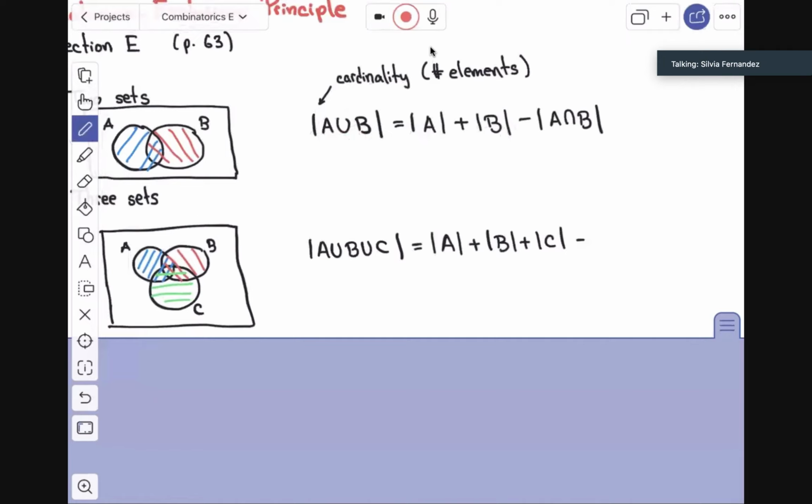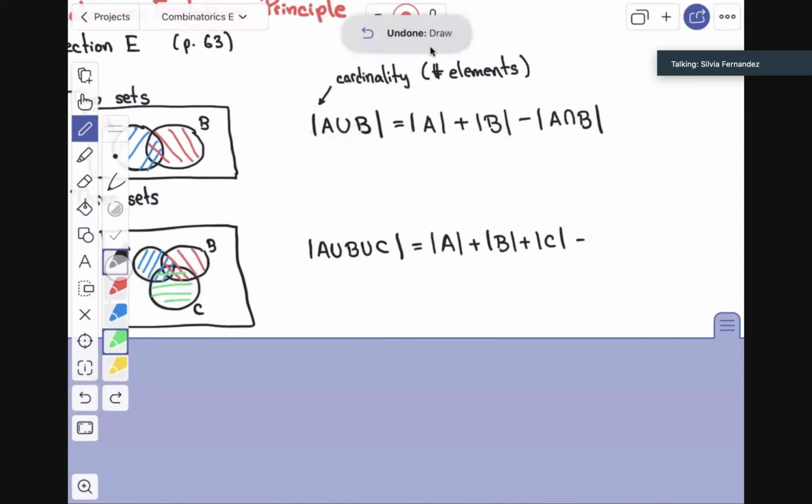Because I'm adding these elements too many times, twice, I'm going to subtract them once. The ones that are in the intersection, I'm going to subtract once.